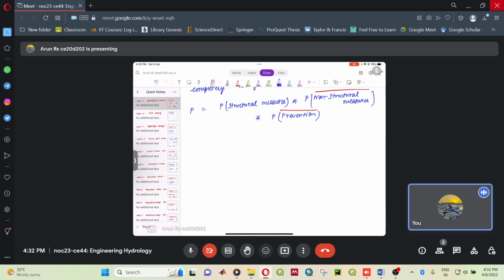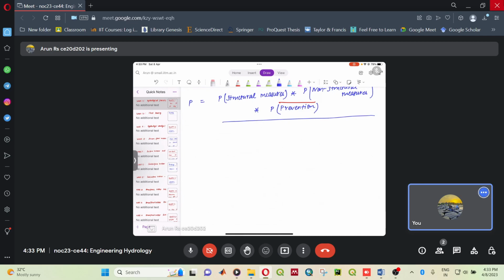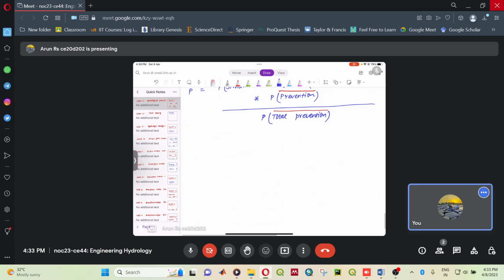This whole thing has to be divided by the total probability, the complement of the total probability, since we are going to find out the probability of failure. So the complement of the probability of total prevention. So the probability of improving the structural measure is 0.7.